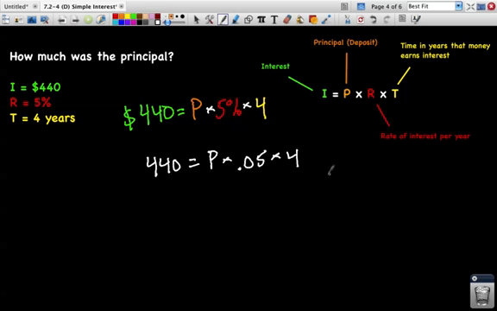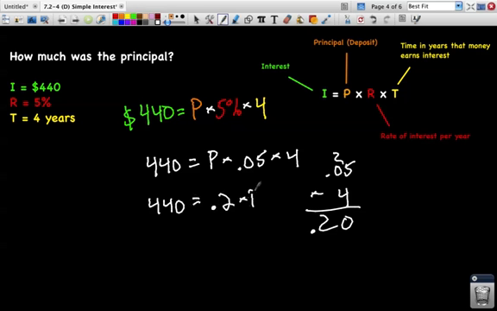So now I can do 5 hundredths times 4, which is 20. But it's going to be actually 2/10 after I add my decimal. So now I have 440 equals 2/10 times P. So I need to figure out 2/10 times what equals $440.